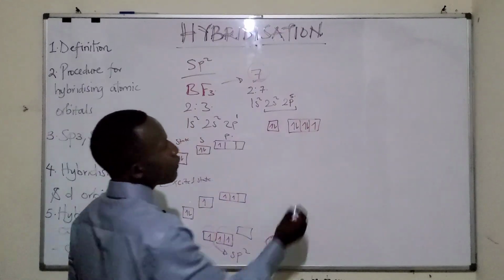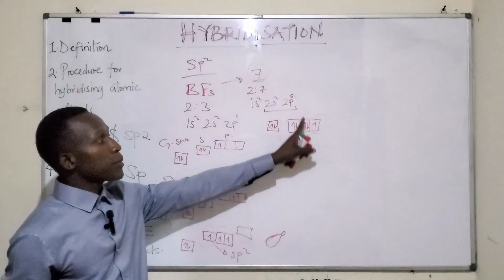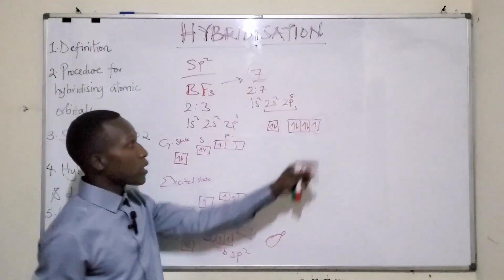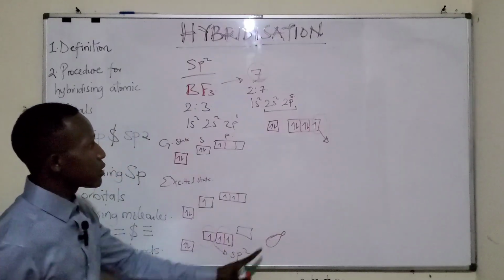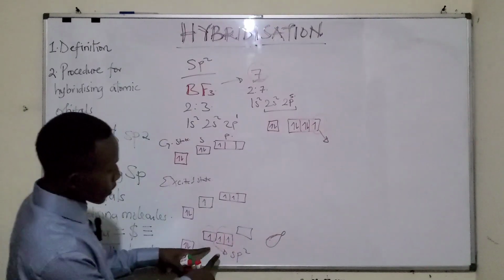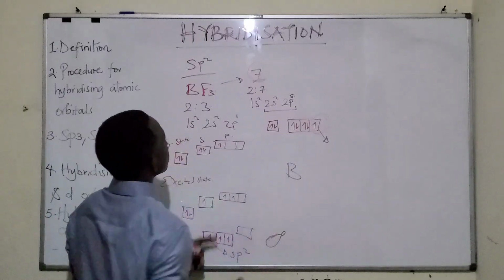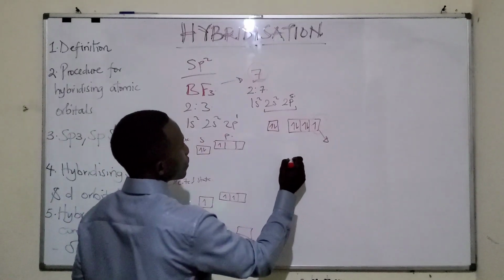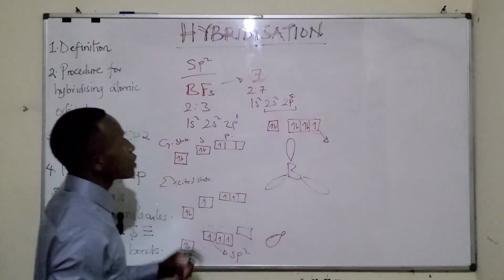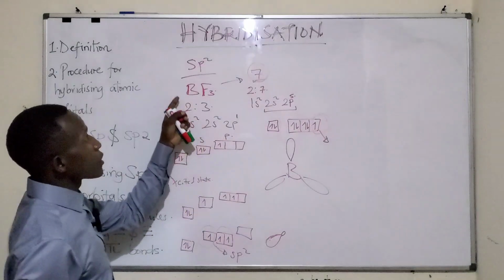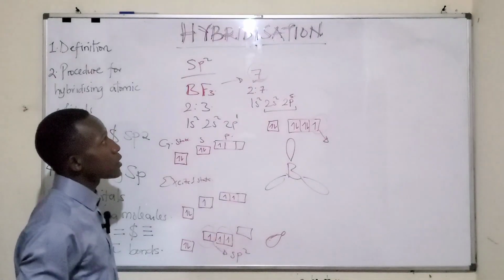So we have 1 electron in the p orbital. It is alone. So this one is the one which reacts with the hybrids. So we are having 3 of them. In that case, boron will be this shape because it is trigonal planar, as we saw in the geometry video.